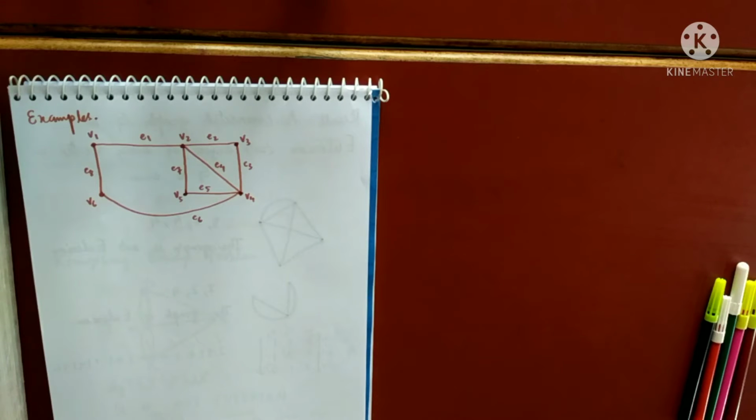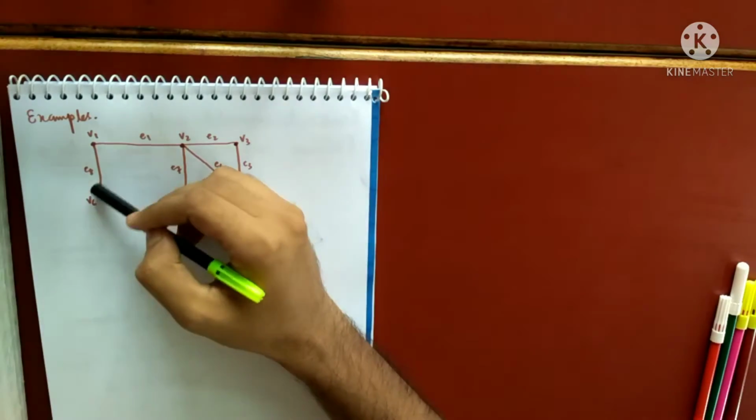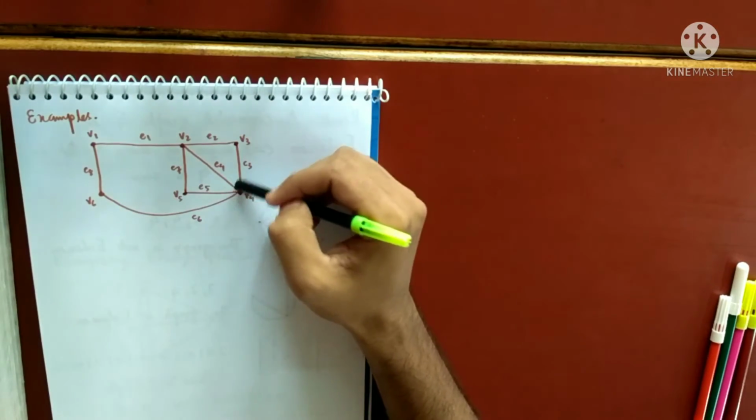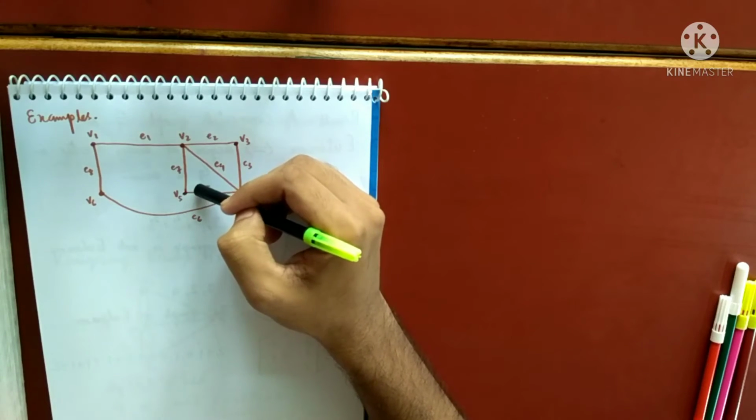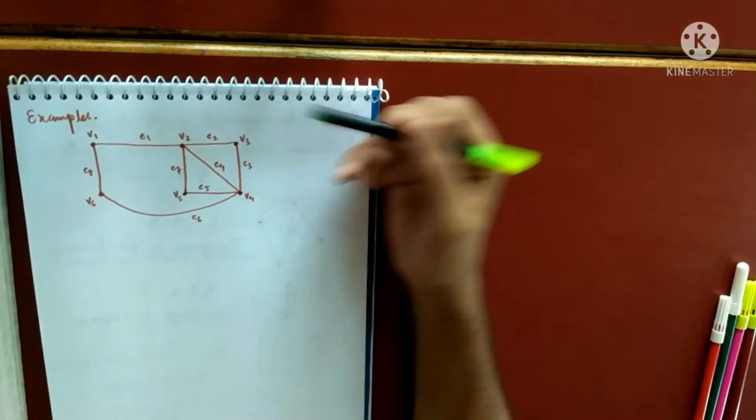Now the question is, is the graph G Eulerian? Just by looking at the graph, you can tell me. Your first task is to count the degrees. Degree 2, even number; degree 2, even number; degree 4, even number; degree 2, even number; and so on.